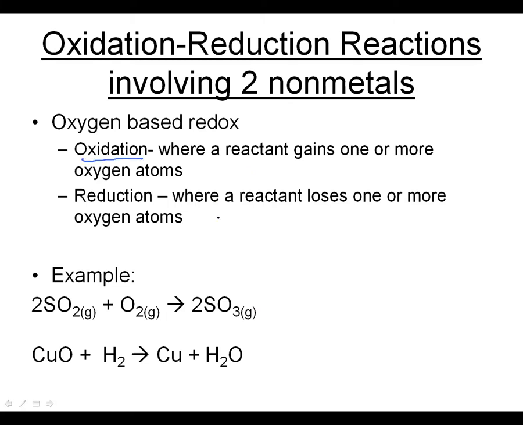If oxygen is lost as it goes from reactants to products, that is a definition of reduction. Hydrogen could also be used in the definition: if it loses hydrogen, really H2, as you go from reactants to products.